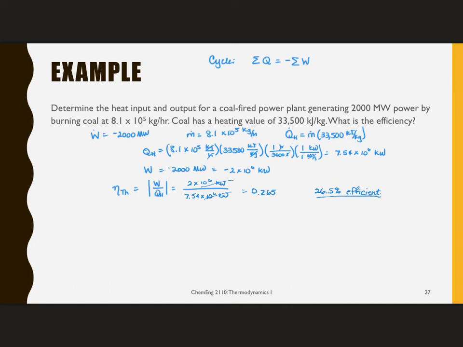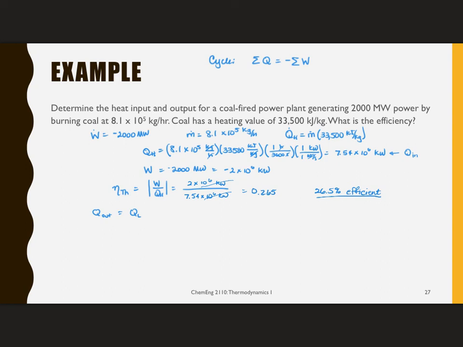But we also wanted the heat input and output. Now this is my heat input, QH, the Q input. What about the heat output? So heat out is going to be Q sub L. I have several ways I could do this, but let's use the first law. The sum of the Q's is equal to negative of the work. In this case, they're all rates, so power.